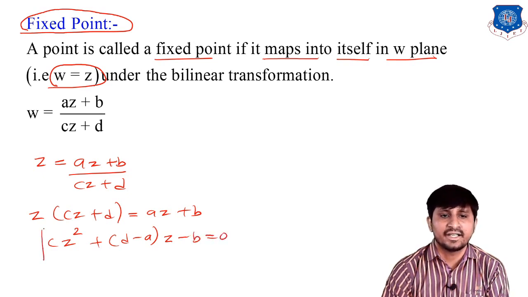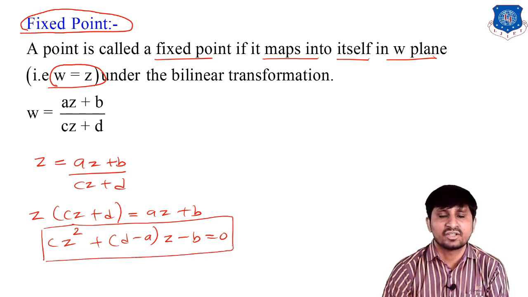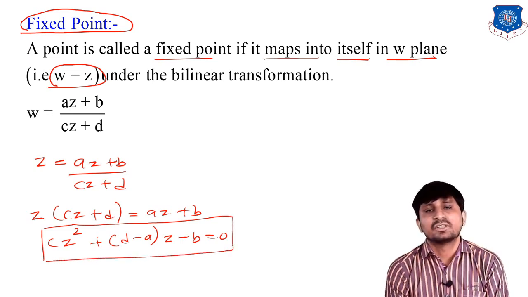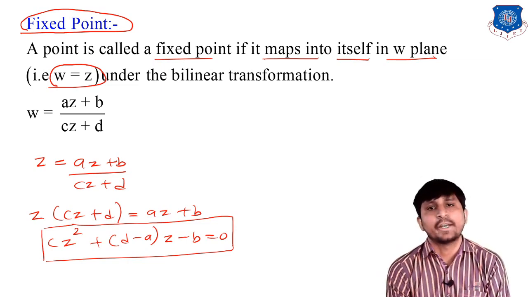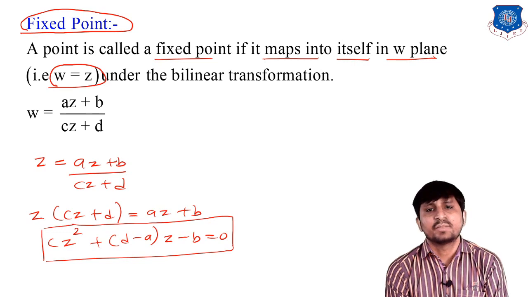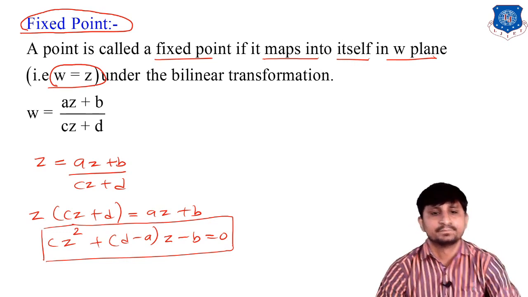This is a quadratic equation in Z. You have to solve this quadratic equation and find its roots, and those points are called fixed points. Let's start with some simple examples of how to find a fixed point.